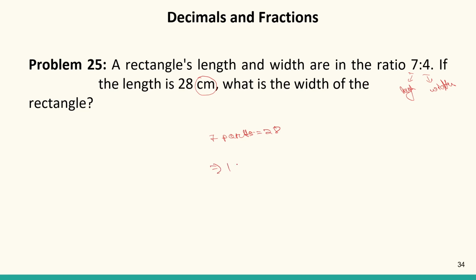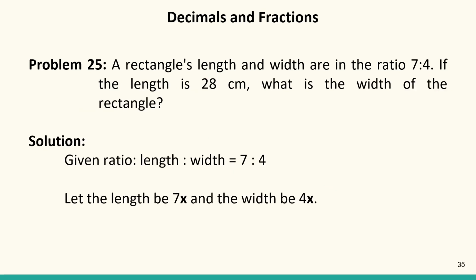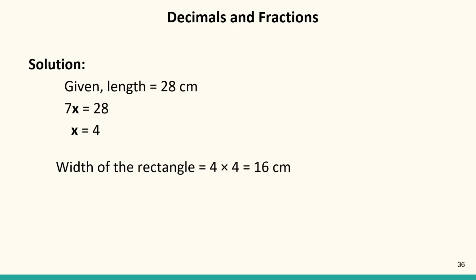So this implies that one part is equal to 4 centimeter. This implies that 4 parts is equal to 16 centimeter. Okay, what is the width of the rectangle? So the given ratio is this. So what we get is 16 centimeter. So 16 centimeter is the final answer.